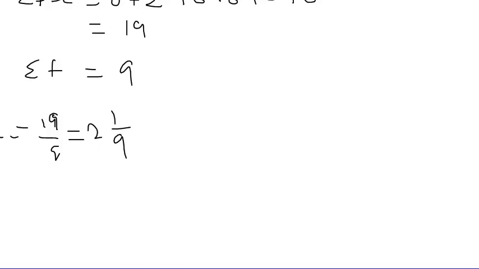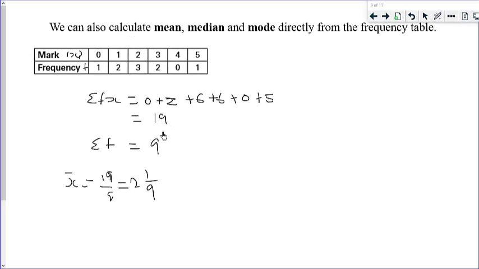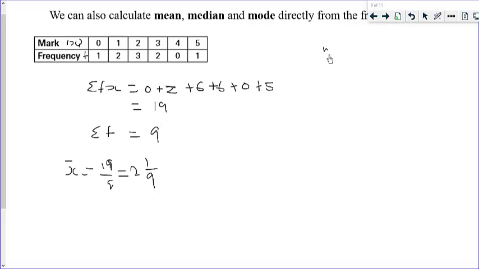Then the median. Now the frequency is odd, so the median will be equal to half of sigma f plus the next item.